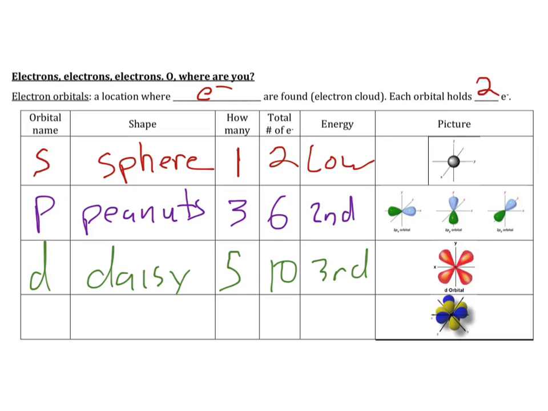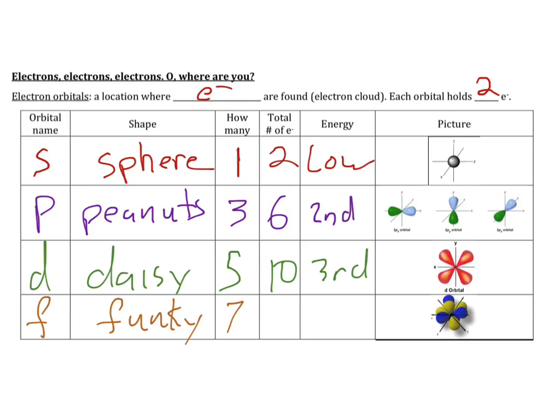And then the last one, they are the f orbitals. Those have a funky shape. And I want you to guess how many orbitals. How many orbitals do you think there are? And I'll let you know there's a pattern. So look at what the pattern is. It goes 1, 3, 5, and 7.